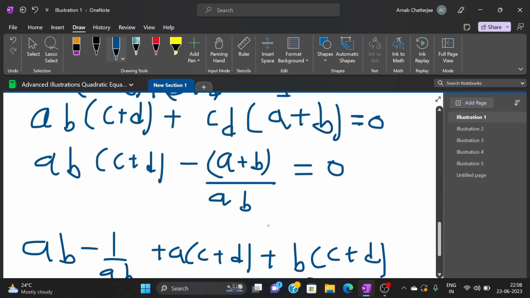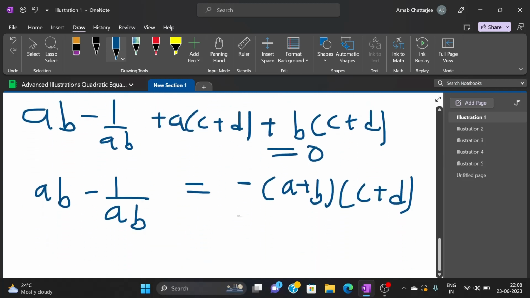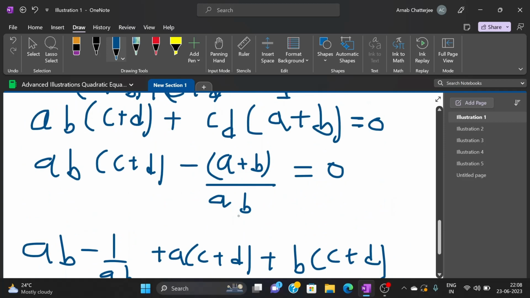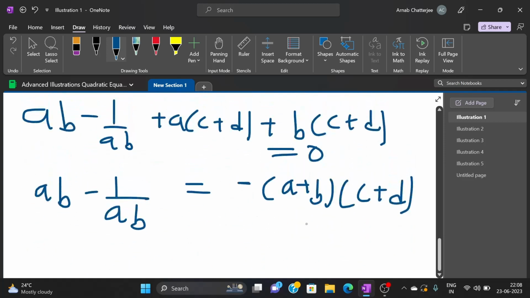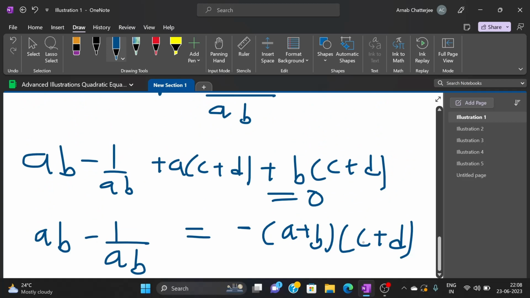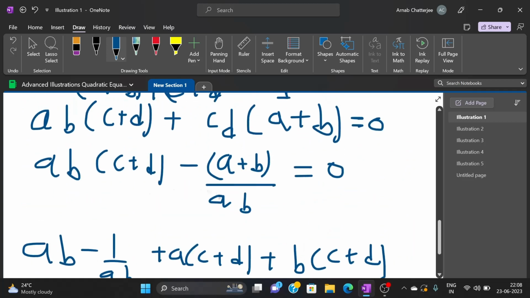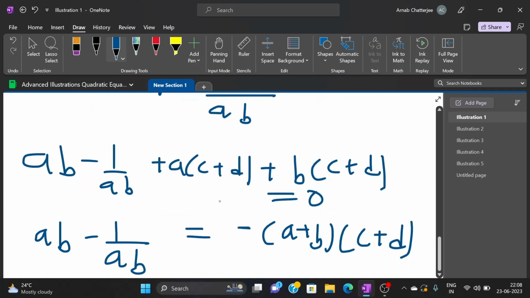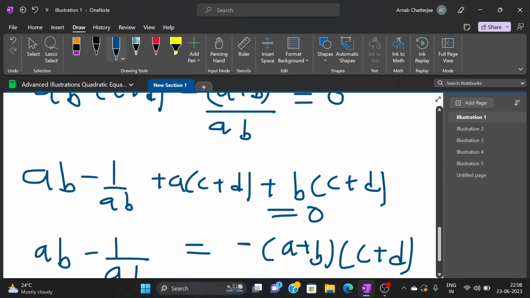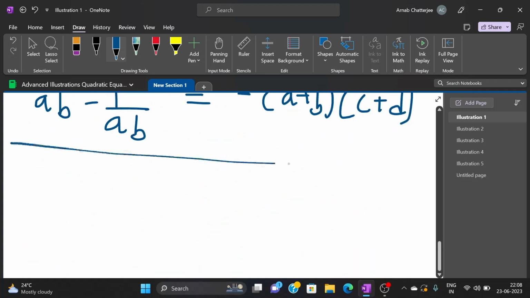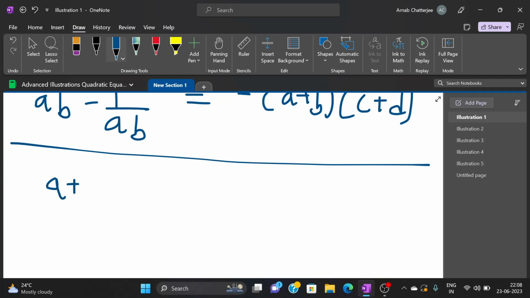Alright. Now I have something really good for me. Let me tell you what. I have two equations in A plus B and C plus D involving AB, and I have one equation for A plus B and C plus D in a constant. So let me write them down all together. So I have three equations.